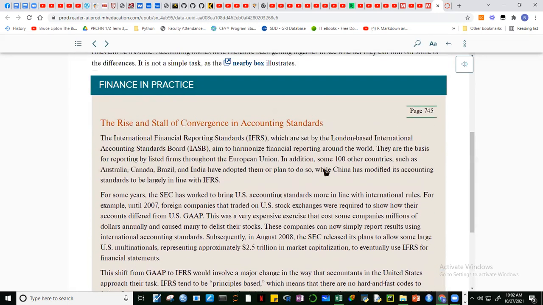Although many countries are now adopting the IFRS, notably the European countries, and in addition some 100 other countries, Australia, Canada, Brazil, and India. Even China has modified its accounting standards to be largely in line with IFRS.